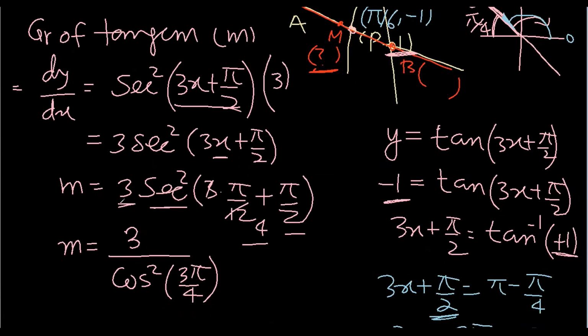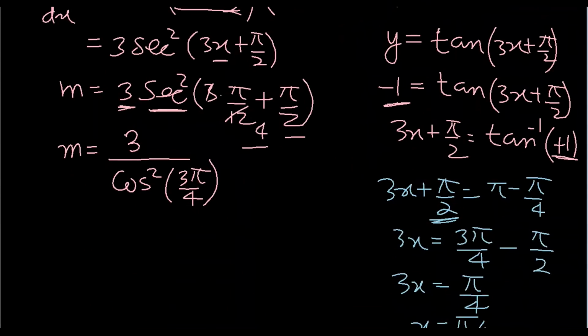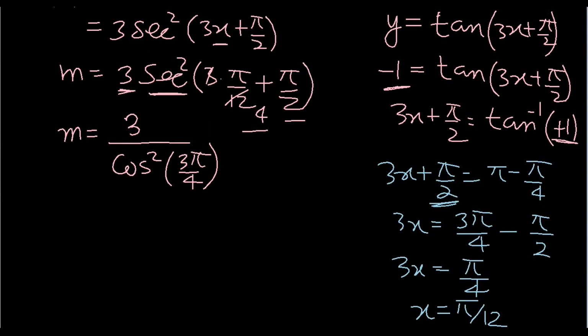So please keep in mind 3 will not be reciprocated, because secant square we are reciprocating to get cos, which is 1 over cos square, so 3 will remain in the numerator. So what do we get here? M comes out as 3 over cos square of 3 pi by 4, which is 1 over square root 2 squared. Let me use my calculator for this. It comes out to be 6.